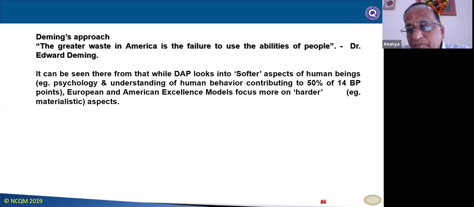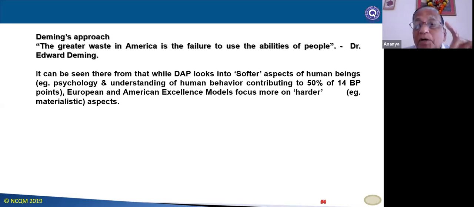The Deming Application Prize looks at the softer aspect: involvement of people, psychology, and understanding of human behavior, with almost 50 points. Whereas European and American excellence models, whether it is EFQM, focus more on hard materialistic aspects. So that is the difference.